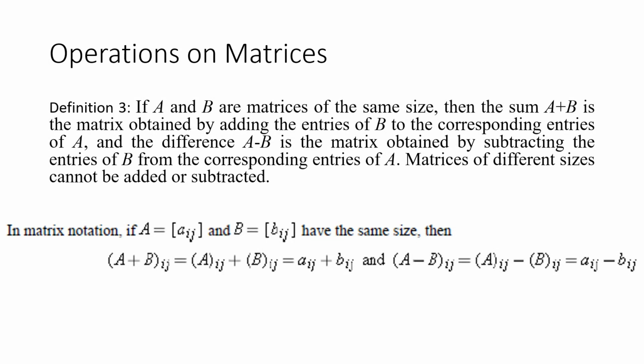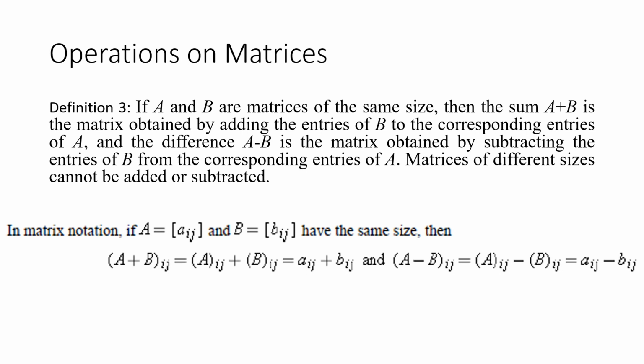So let's have definition 3. If matrices A and B are matrices of the same size, then the sum A plus B is the matrix obtained by adding the entries of B to the corresponding entries of A, and the difference A minus B is the matrix obtained by subtracting the entries of B from the corresponding entries of A. Matrices of different sizes cannot be added or subtracted.